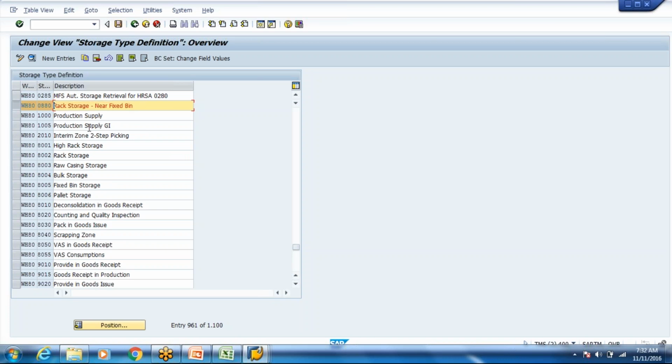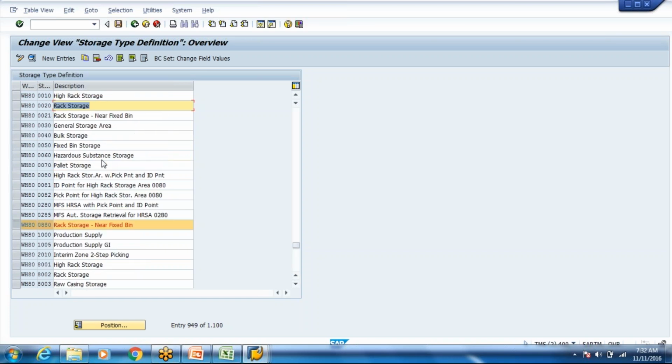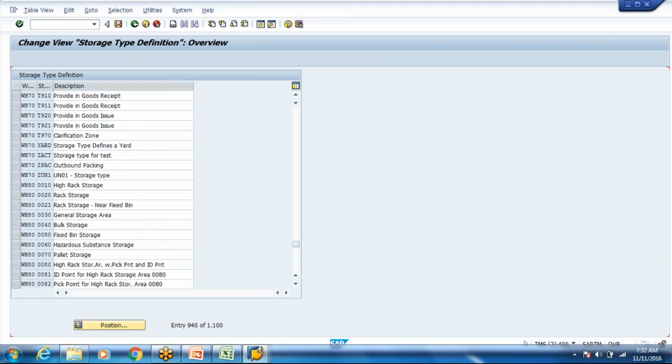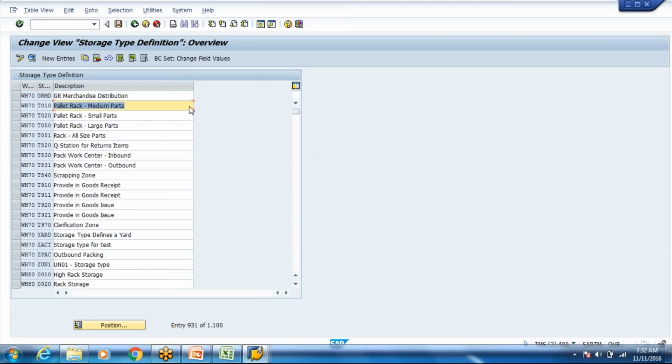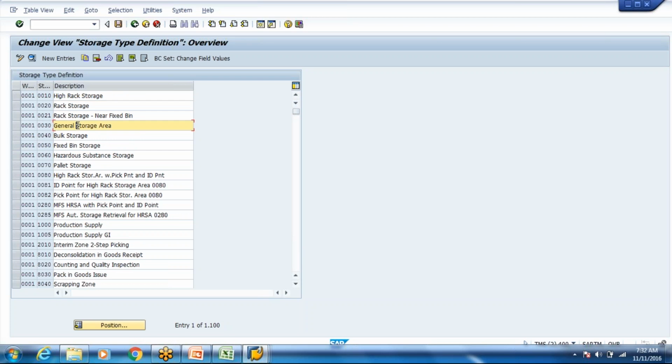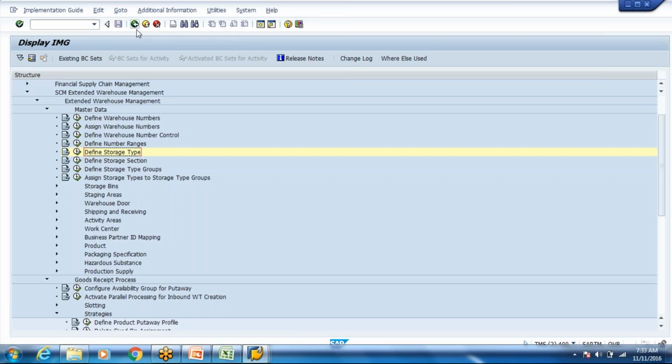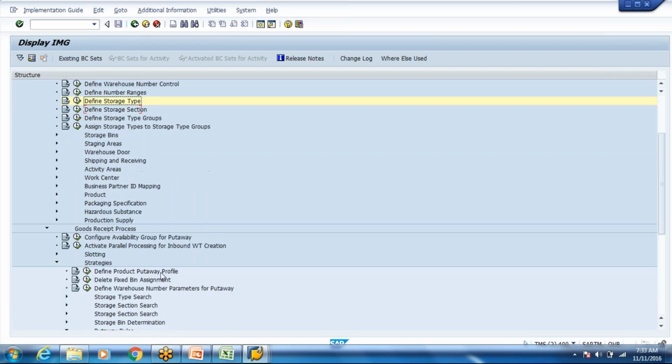So near fixed bin, if you are creating a copy 0880 and we have 8003, we cannot use it because it's basically a copy of 0030, which is general storage. So we are using it as a general storage. Okay, for near fixed bin, if we are using 8003, we have to set that indicator to 1, then it can be used.